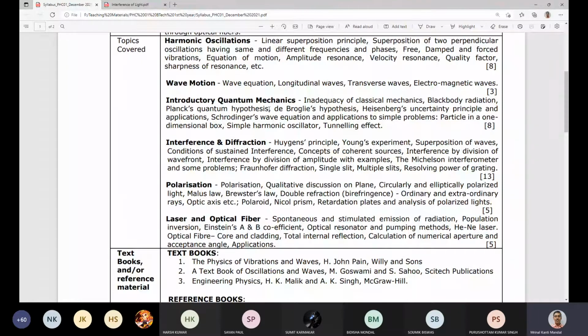Now, we will consider the optics portion. This is interference, diffraction, polarization, laser, fiber optics. This basically is totally optics, right? So we will discuss the optics, and the waves, oscillation, and quantum mechanics will be discussed by another teacher.